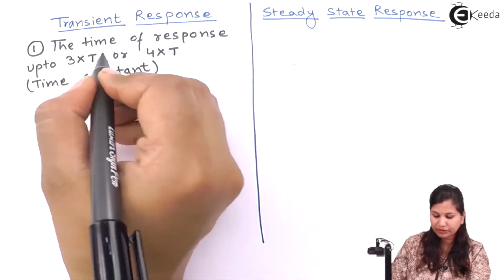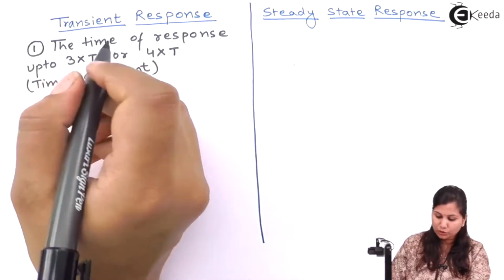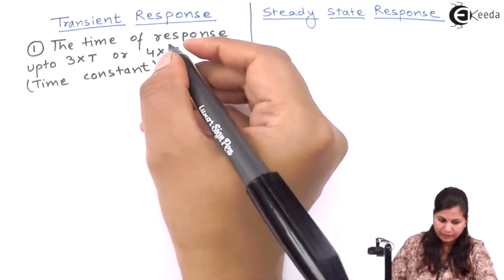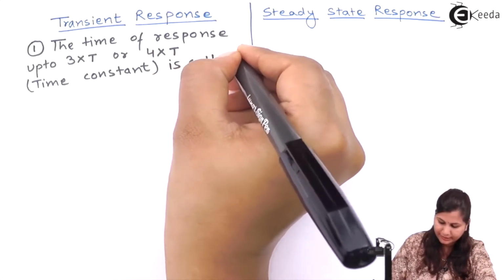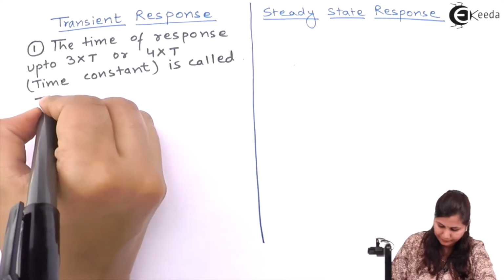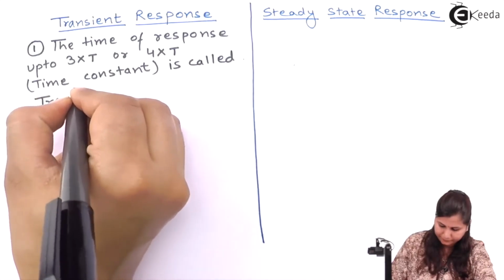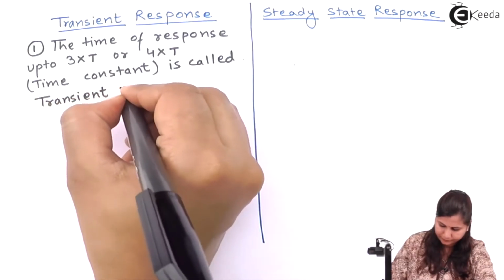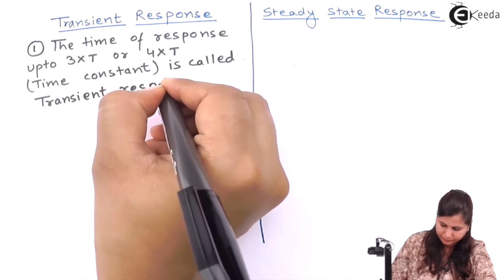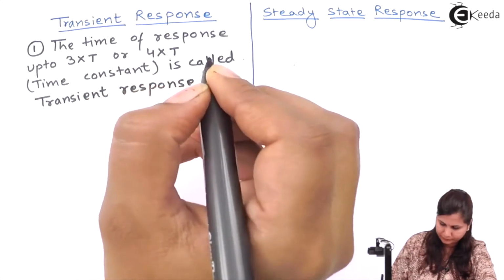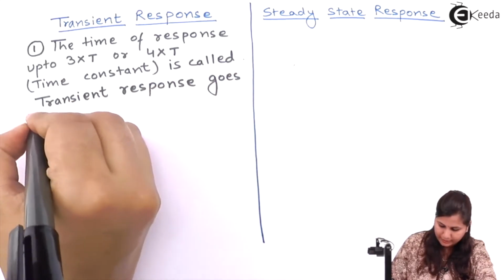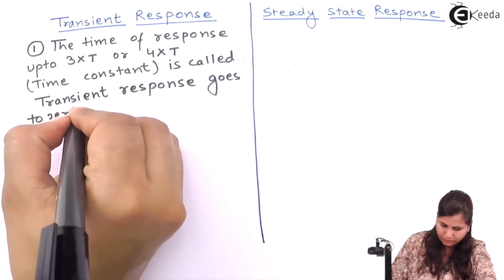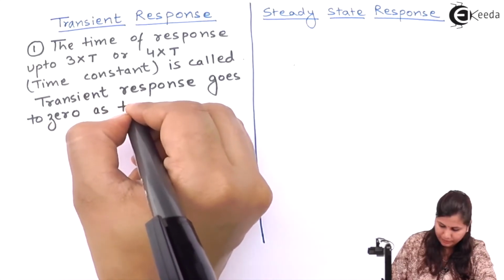So up till that time, the response which we are getting is called the transient response. That means it goes to 0 as time becomes large.